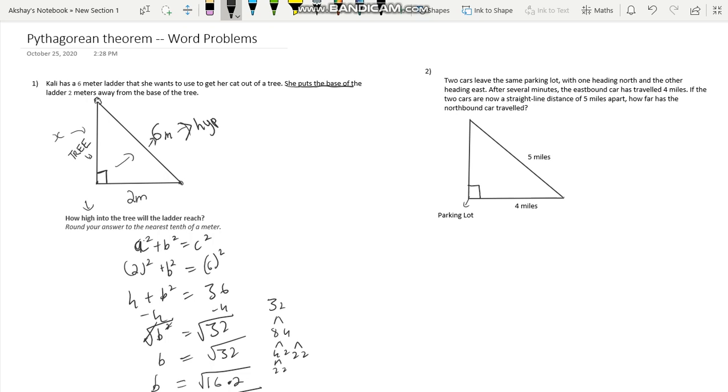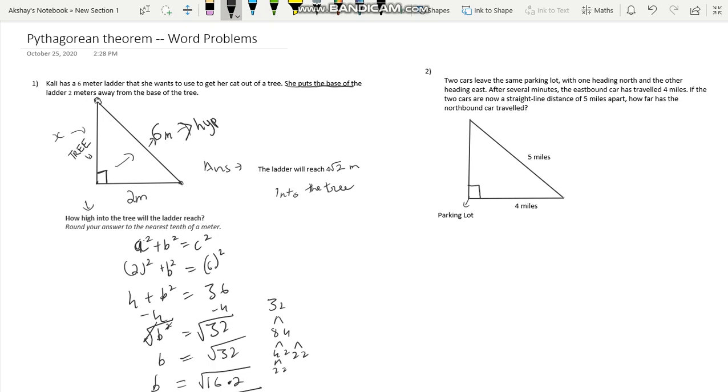4 root 2 is how high the ladder will reach into the tree. Answer: the ladder will reach, we had 4 root 2, so 4 root 2 meters into the tree.